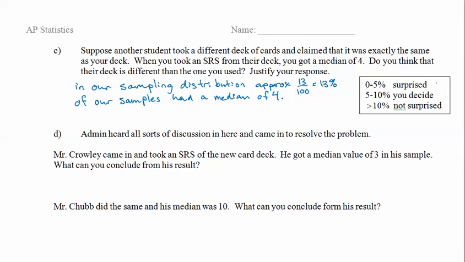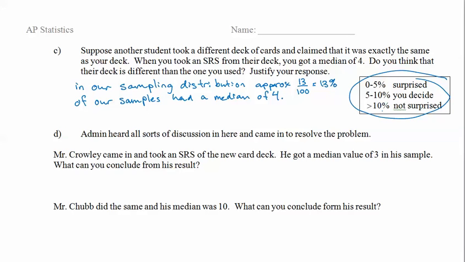So if we use this little guide, we had about 13%, which puts us in this range, more than 10%. If you've got more than 10% probability of having that median, then you shouldn't be too surprised. If it was between 5 and 10, it's kind of on the line. You can decide whether you think it's surprising or not, and maybe give some reasoning behind it.